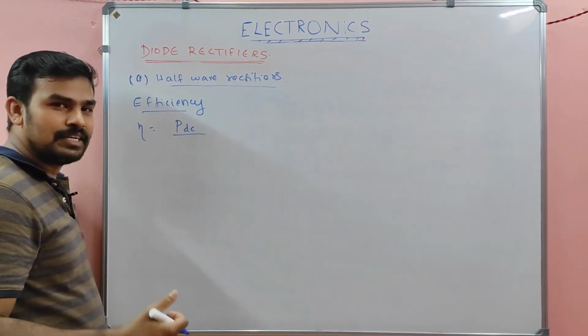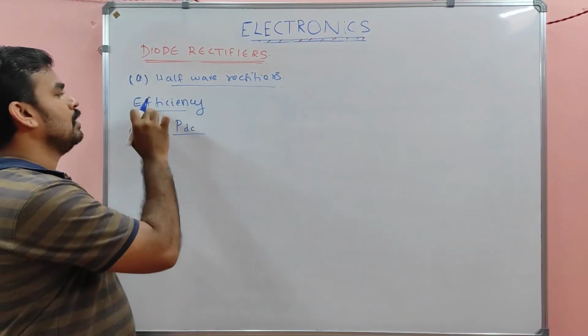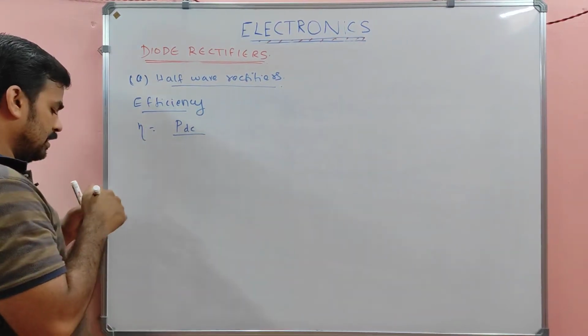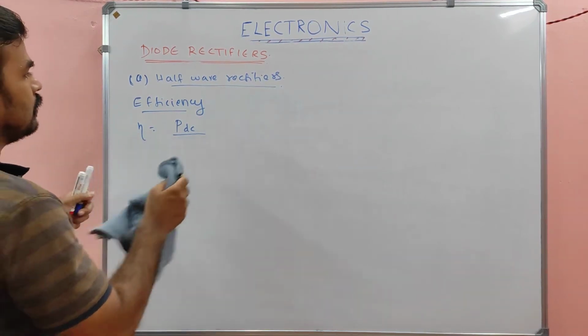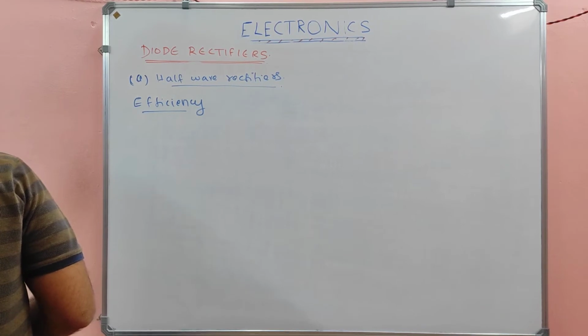The next question itself will give you the answer for the other type of efficiency, but now efficiency simply means the rectification efficiency. I will write that directly, otherwise it will cause confusion with other efficiencies.